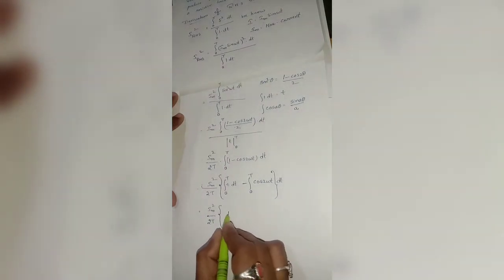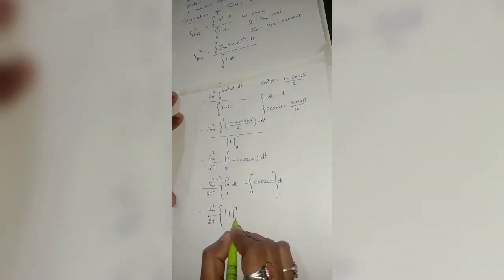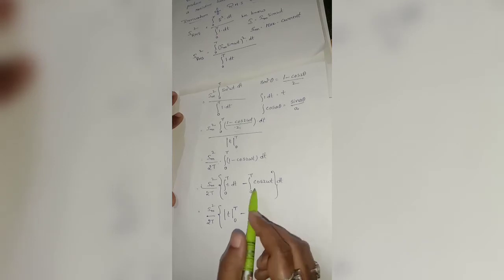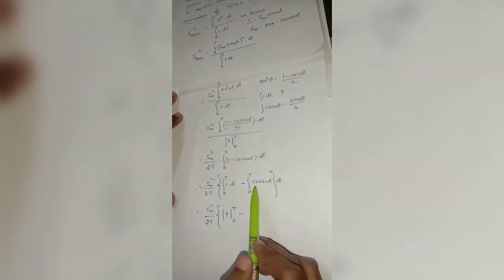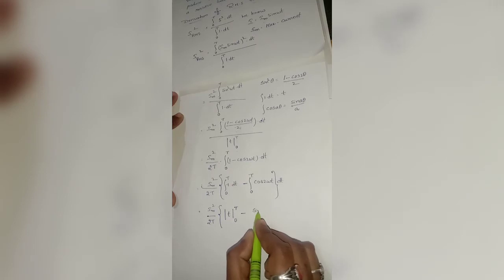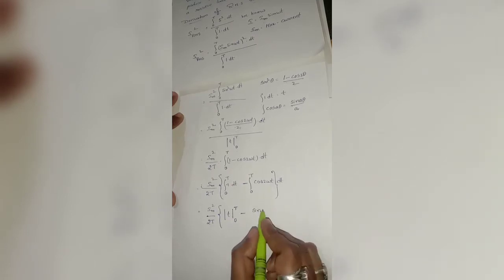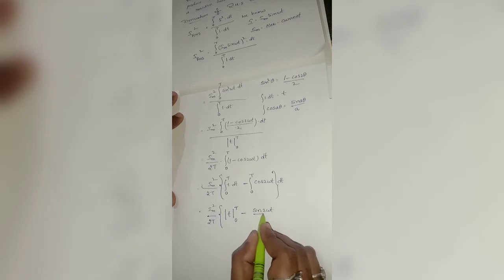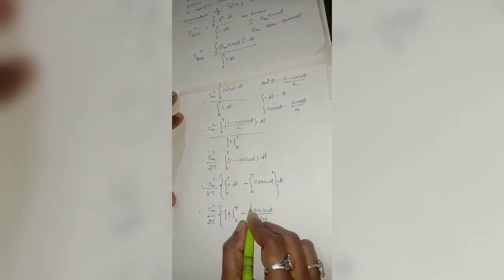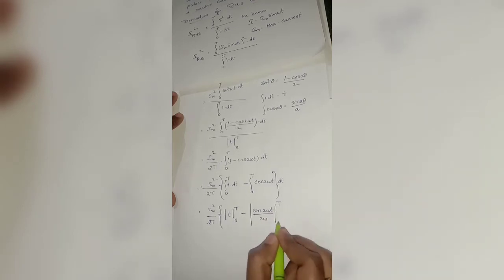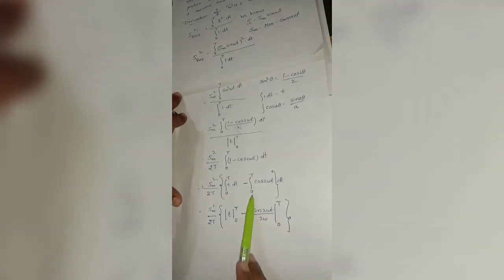Here again, integral of 1 dt is t with limits capital T and 0, minus, what is the formula for integral of cos a theta? sin a theta by a, that means sin 2 omega t by 2 omega, with limits T and 0. Again, integral of cos 2 omega t is equal to sin 2 omega t by 2 omega.